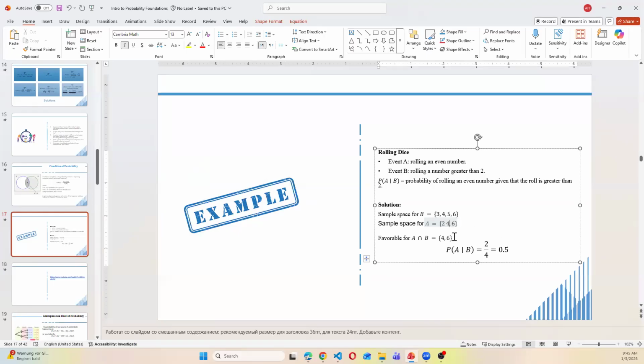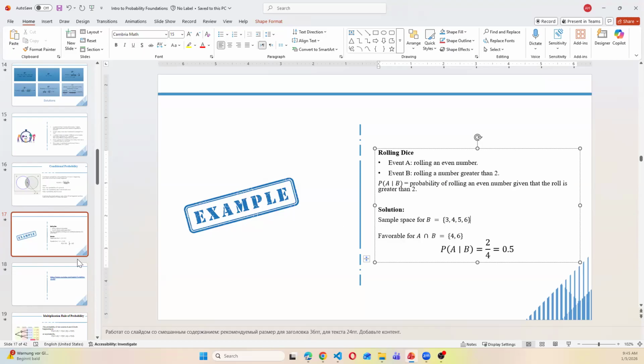Now if I find the intersection of this one and of this one, 2 is not in both sets, but 4 is and 6 is. So I can say 4 and 6. Then probability of A given B is 2 over 4, because I have 2 of this one and B has 4. So it is 0.5. Probability of A given B is like this.